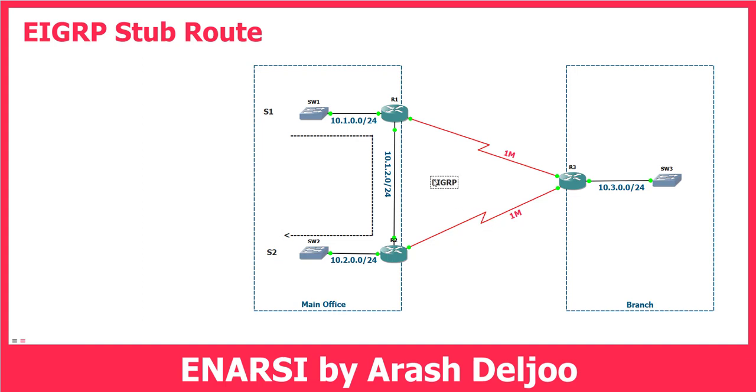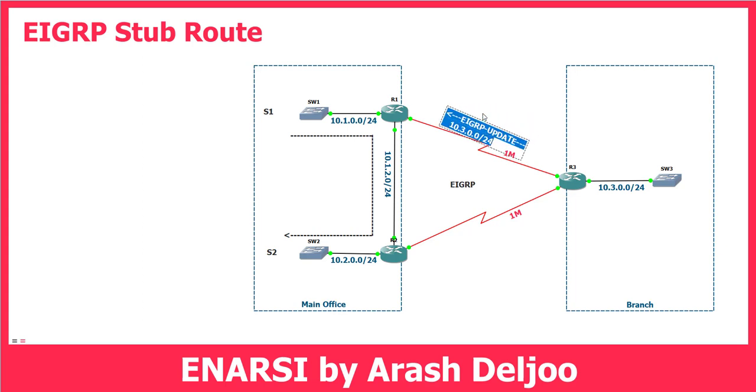Let me show you what EIGRP is doing in this scenario. You know that R3 should advertise its network to router 1 and router 2. This is obvious. You have learned about the EIGRP function. Here we have one EIGRP update. In this EIGRP update, we are sending 10.3.0.0/24 with the metric parameters to router 1.